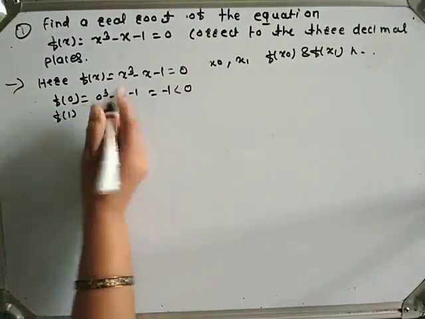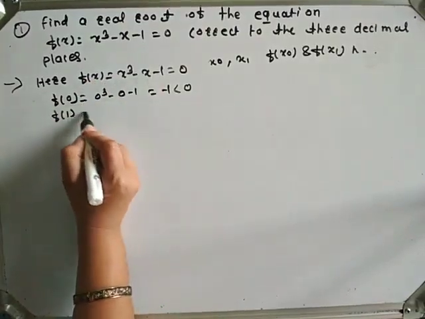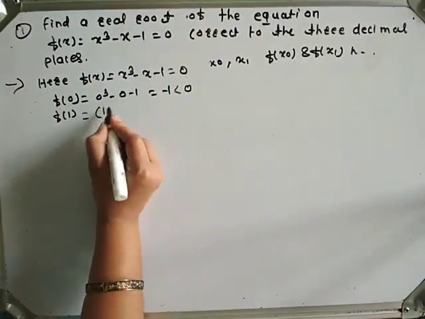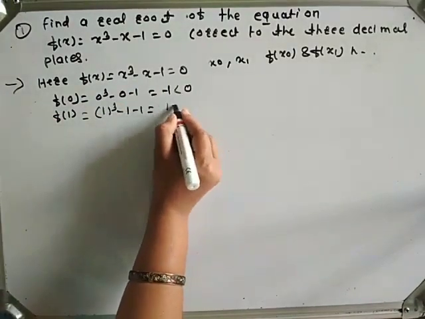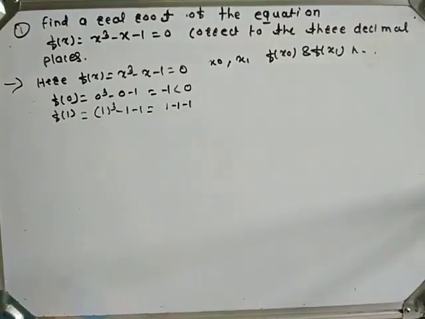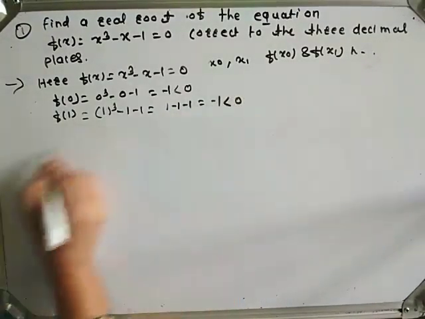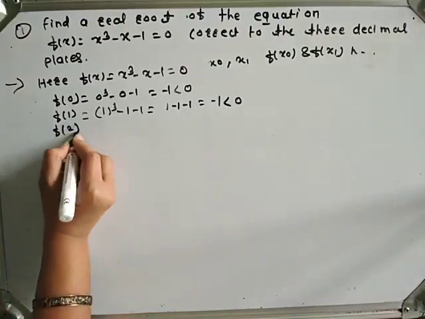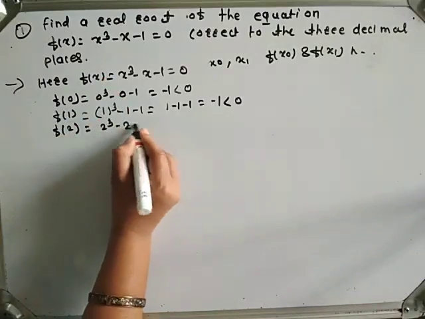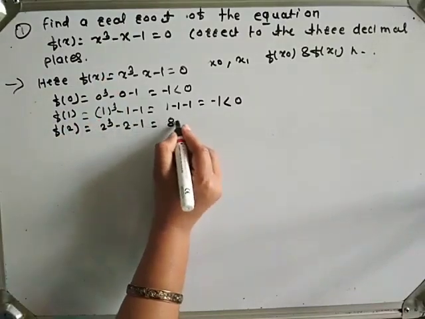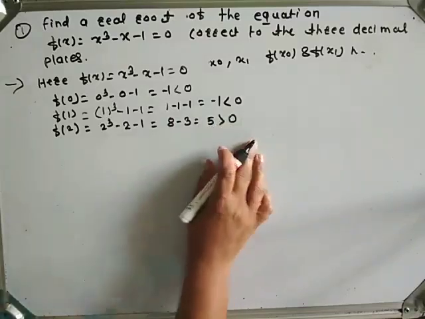For x is equal to 1, we get 1 cube minus 1 minus 1, which is again minus 1, less than 0. Put x is equal to 2, we get 2 cube minus 2 minus 1, which is 8 minus 3, equal to 5, greater than 0.